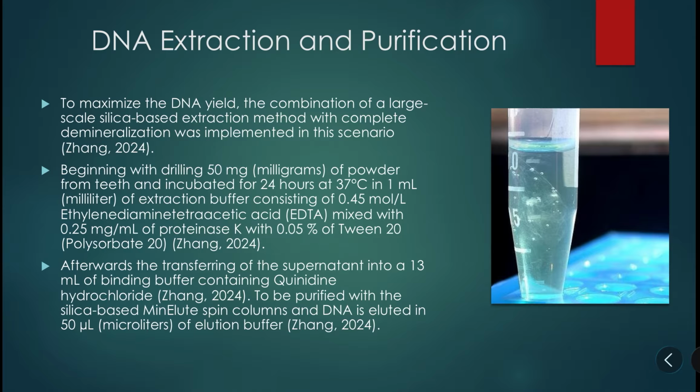Afterwards, the supernatant is transferred into 13 milliliters of binding buffer containing guanidine hydrochloride to be purified with the silica-based MinElute spin columns, and the DNA is eluted in 50 microliters of elution buffer.